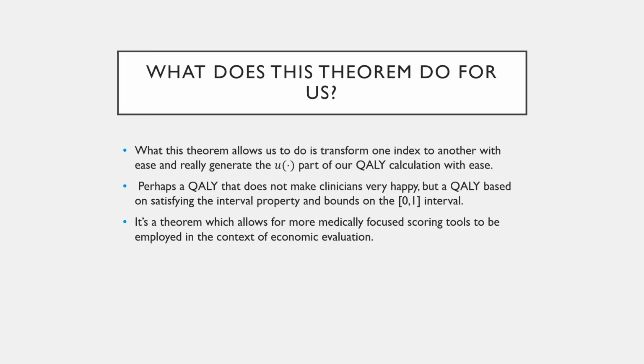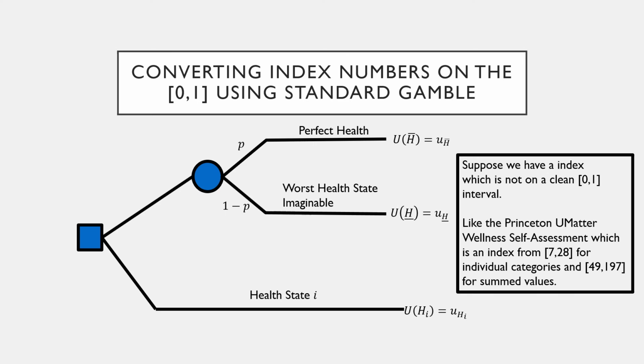But it's something that satisfies the interval property and is preserved on a 0-1 interval. It's a theorem which allows for more medically focused scoring tools to be employed in the context of economic evaluation. So you can take whatever measurement tools that clinicians are using and apply them directly to your economic evaluation.